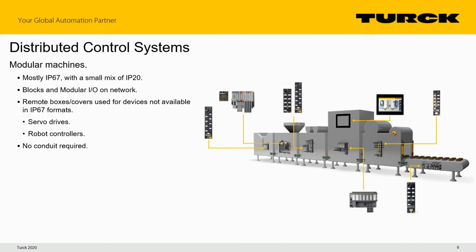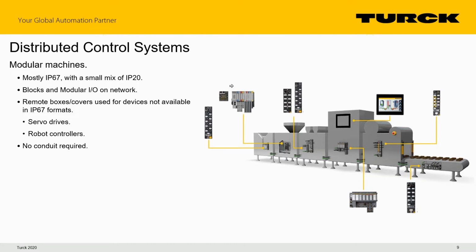So you can literally take this idea of distributed I/O to that level of extreme where every section of a machine is built and put together independently. It all meets up at the customer's final installation location, but it can all be tested before it ships, because each of these sections has a function, and that function can be tested.